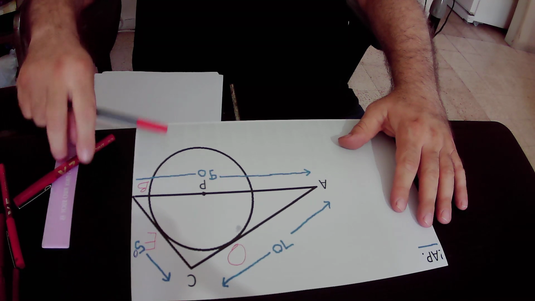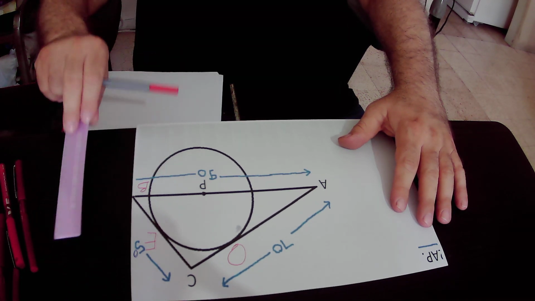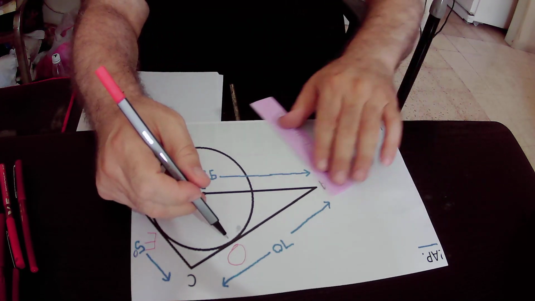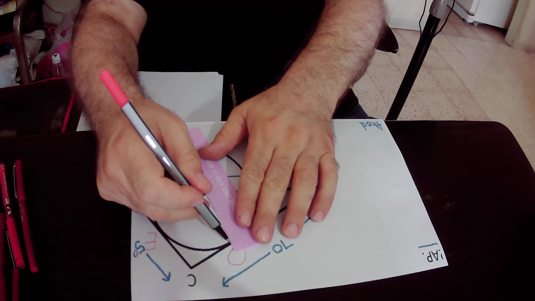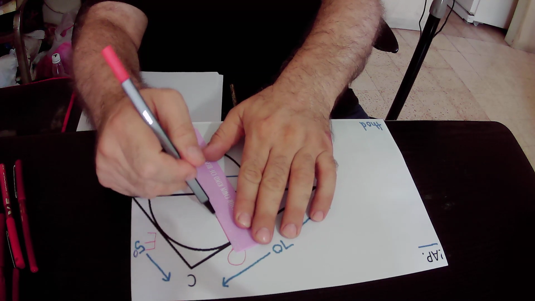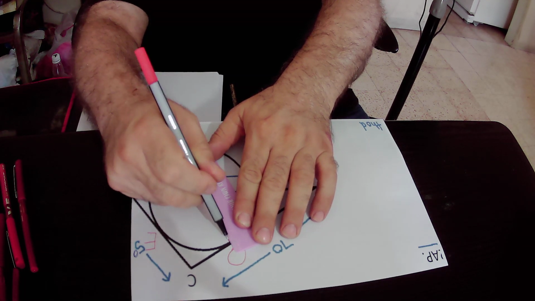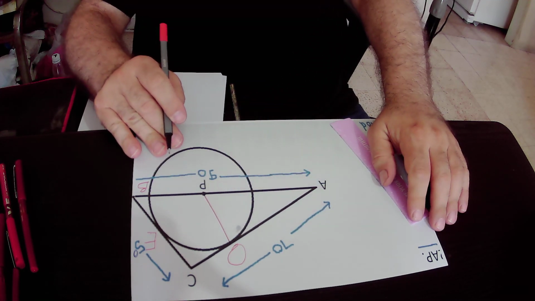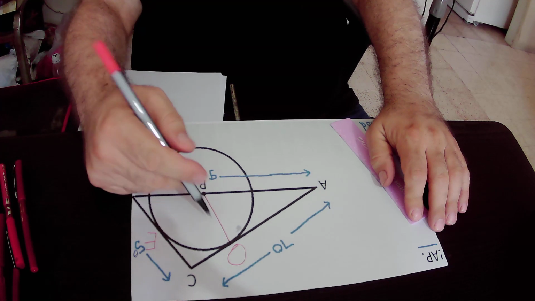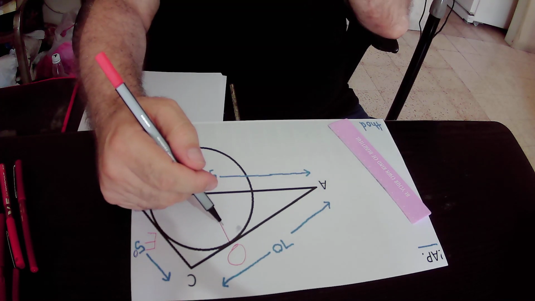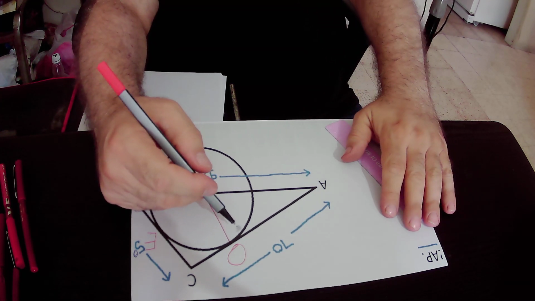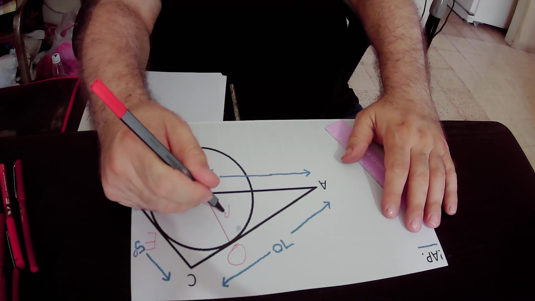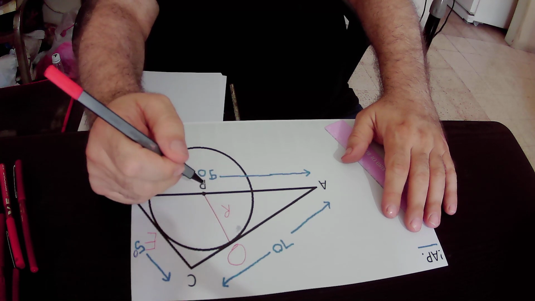In the next step, we will connect together points O and P by a straight line. Line PO is actually the radius of the circle. I will call it R, abbreviation for radius.